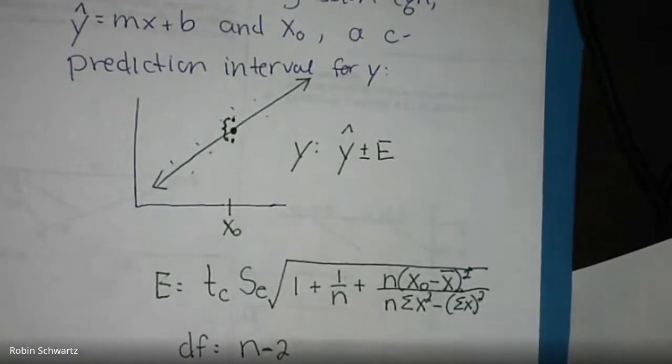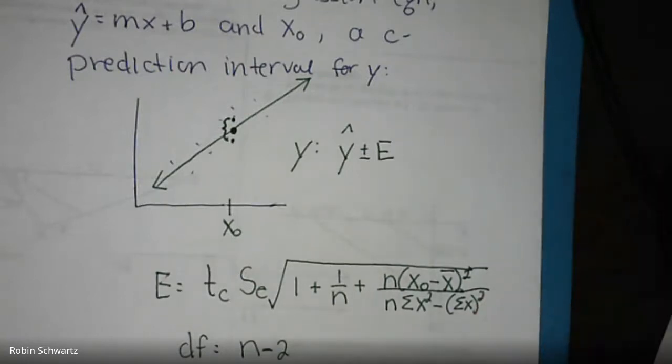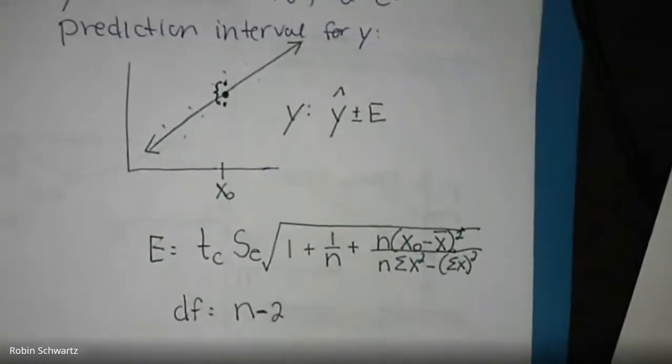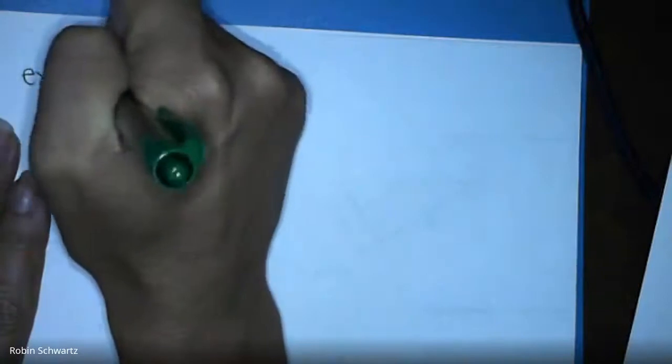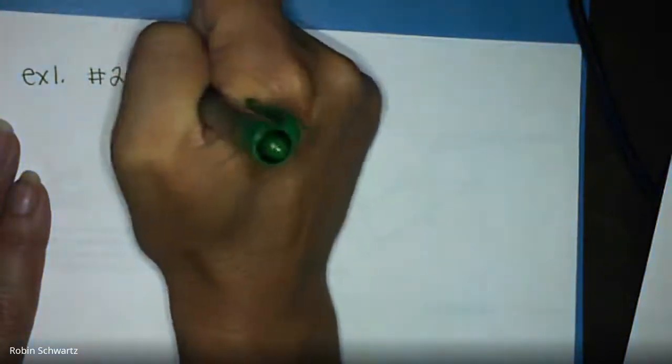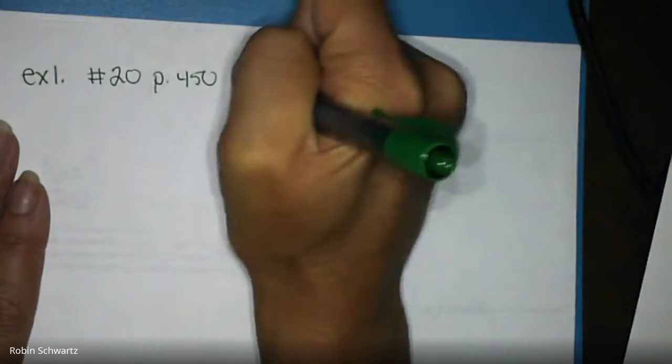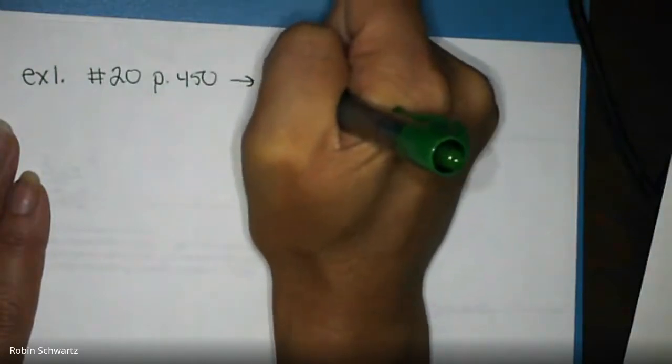So here we go. We're going to do one example all the way through. Okay, the example we are doing is number 20 on page 450, which does refer us back to number 12.